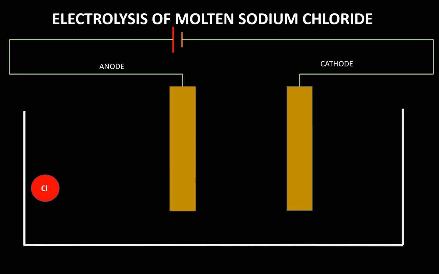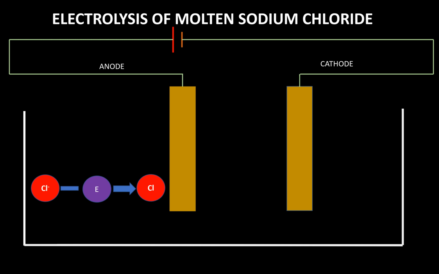Now let's understand what happens at the anode that created the Cl2 gas, or the chlorine gas. I'm beginning with one chloride ion, and you know chloride ions are negatively charged, they are Cl minus. So when they are attracted to the positive electrode, which is the anode, they are going to lose an electron. Again, E is E minus, so they are going to lose an electron and form a chlorine atom.